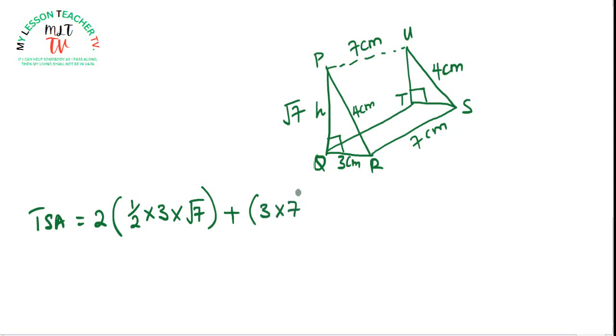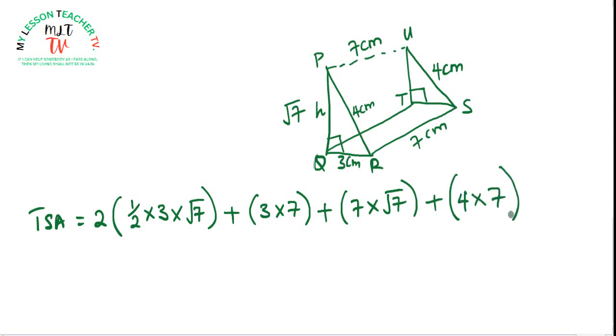That is 3 times 7, plus the area of the back rectangle, of which the length is 7 centimeters, while the height is root 7. So this is 7 times root 7, while the area of the slant rectangle PURS is equal to the slant height, 4, times the length, 7.